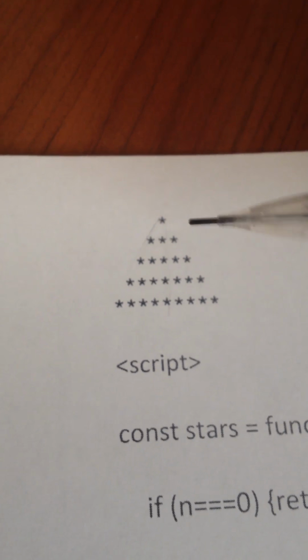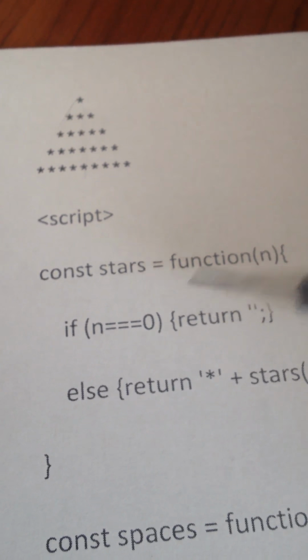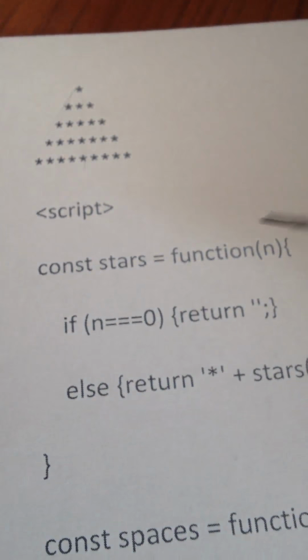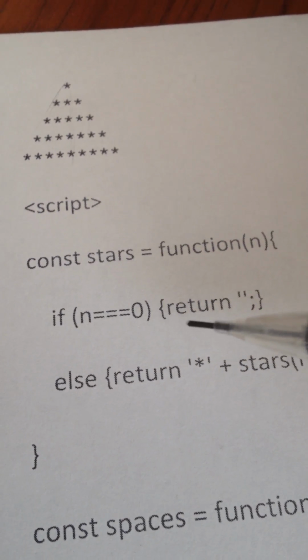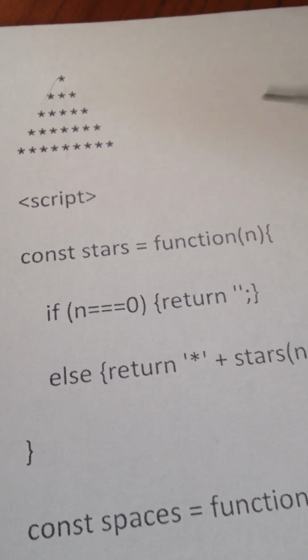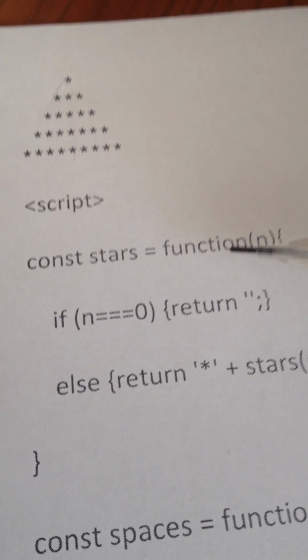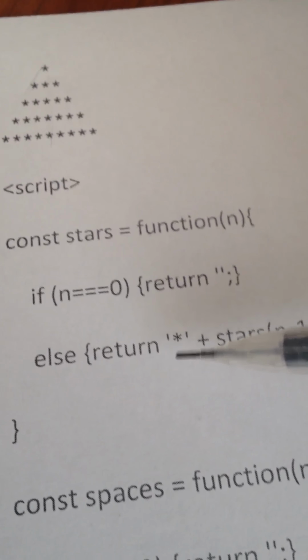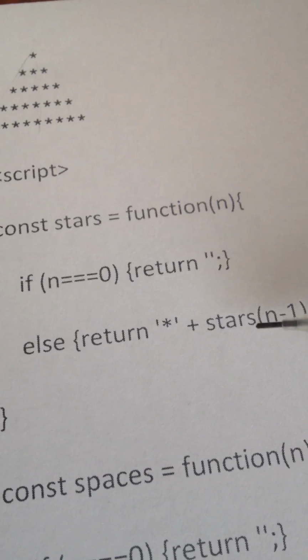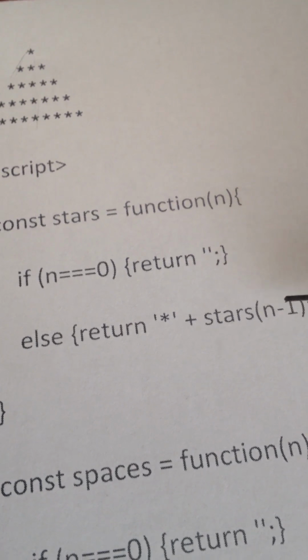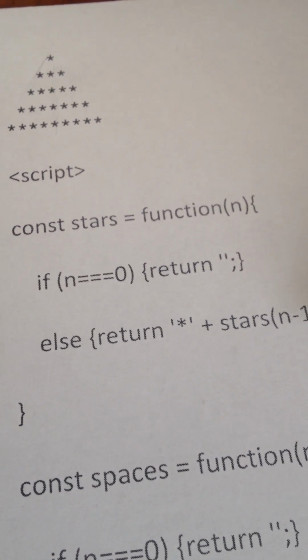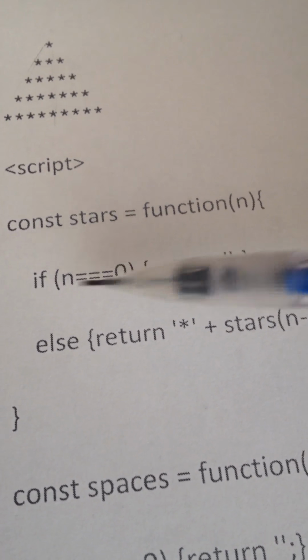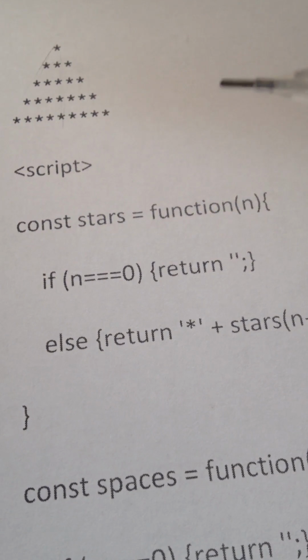So keeping that in mind, firstly we are going to create our stars function, which is going to be responsible for the number of stars, basically. So the stars function is going to return a star concatenated with the same function with the argument n-1. Unless, of course, n is equal to 0, then the function is just going to stop operating.